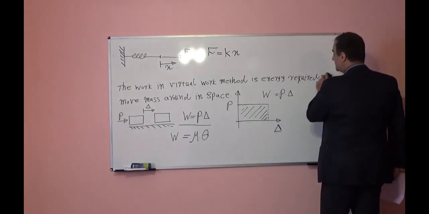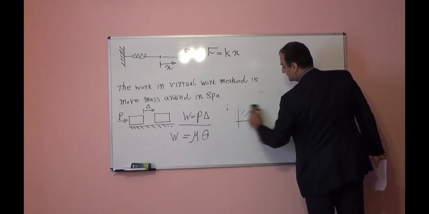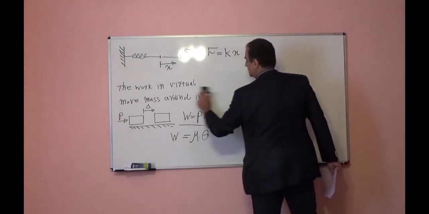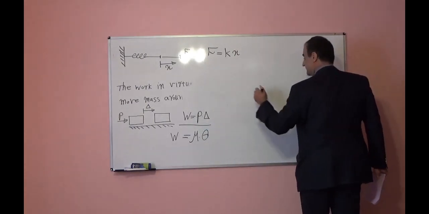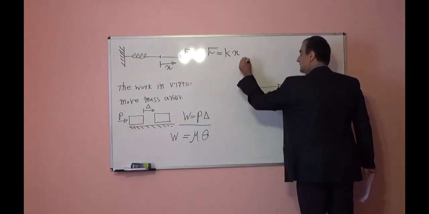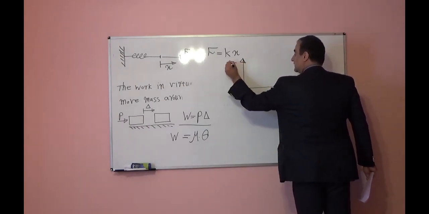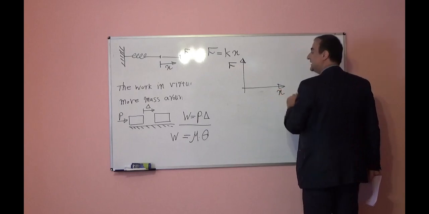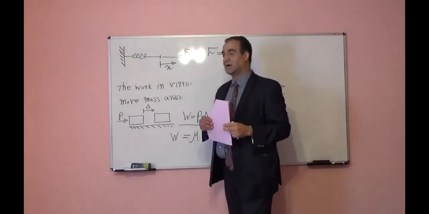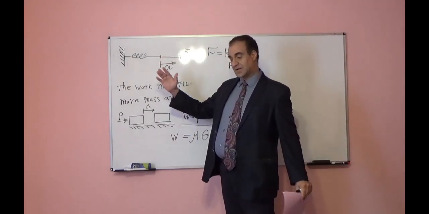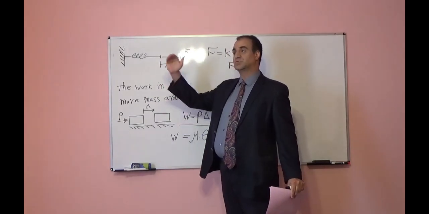If we draw force respect to X plot, what we will have? Force respect to X. Here we apply force step by step. We increase from 0 to certain value.